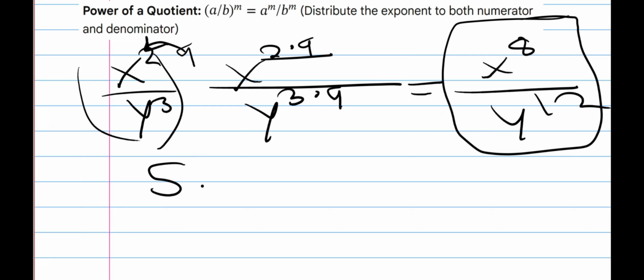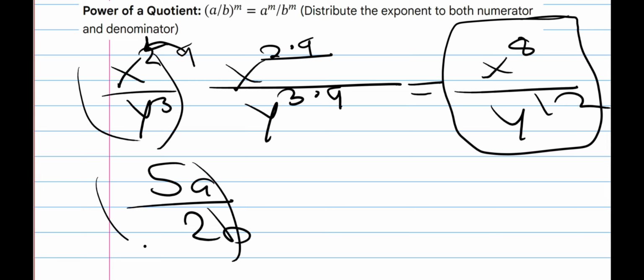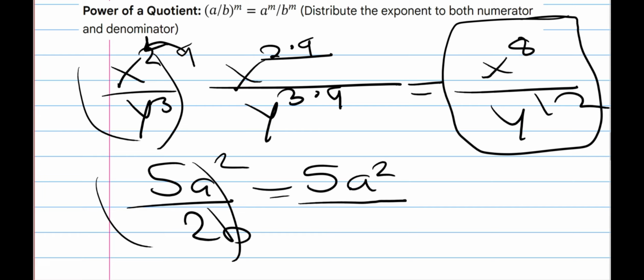And another example would be (5a over 2b) squared. Let me fix that, but that's fine. 5a over 2b. So you basically just need to distribute the exponent to the numerator and denominator, and also to the coefficients and the bases.